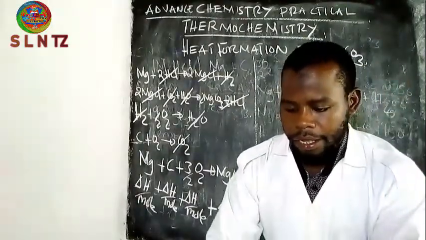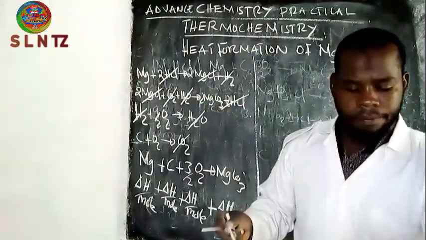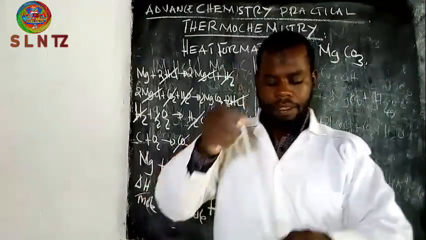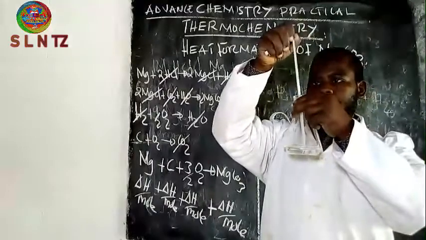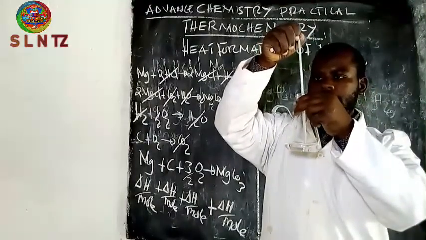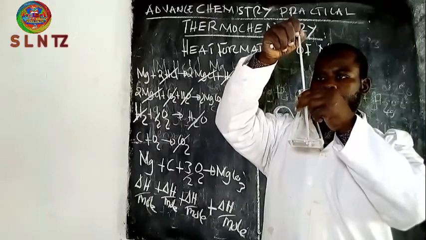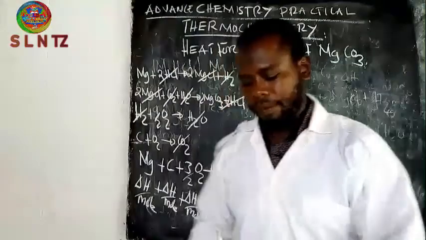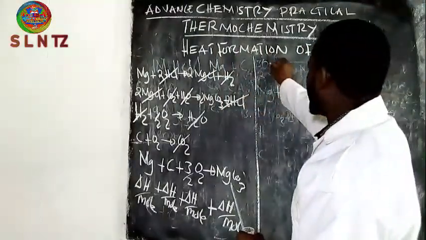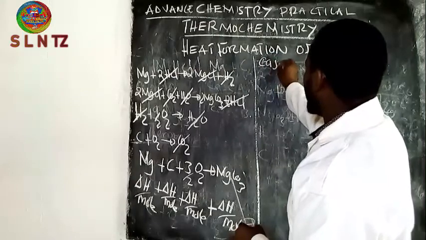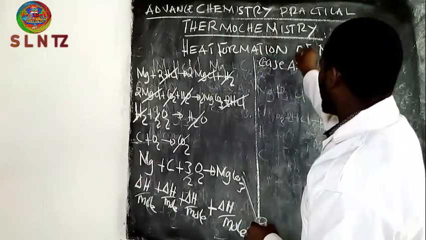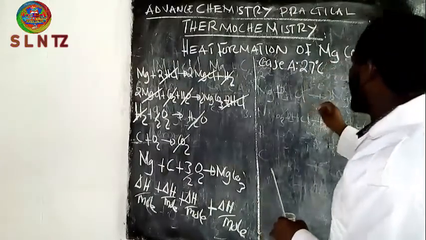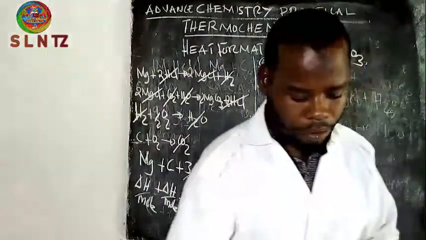Then we measure the initial temperature. According to the reading here, it is 27 degrees. Initial was 27. Case A, initial was 27.